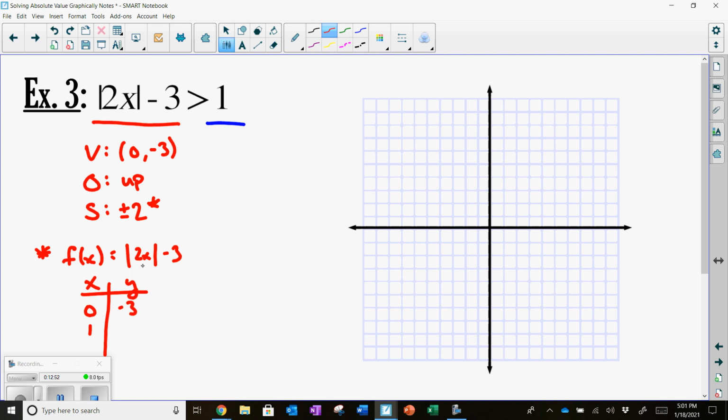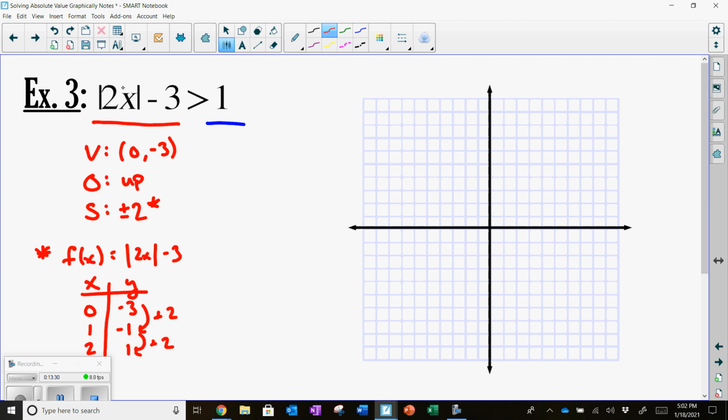What if I plug in 1? 2 times 1 is 2, the absolute value of 2 is 2, and 2 minus 3 is negative 1. If I plug in 2, 2 times 2 is 4, the absolute value of 4 is 4, and 4 minus 3 is 1. Looking at how this changes point to point, from negative 3 to negative 1, I add 2. From negative 1 to positive 1, I add 2. So there's a constant change of 2 every time. That means the slope is actually 2.